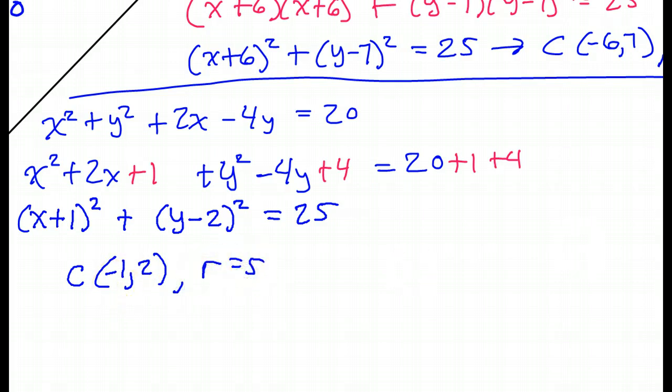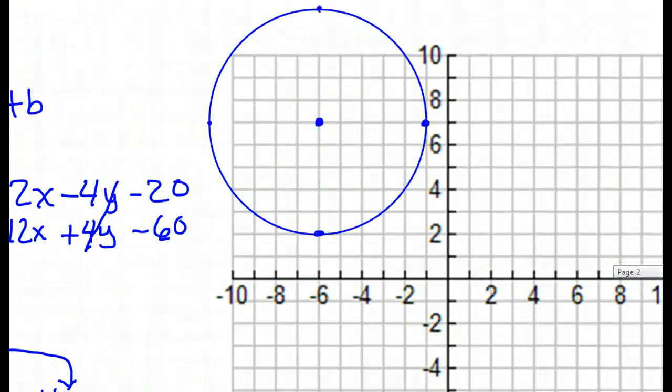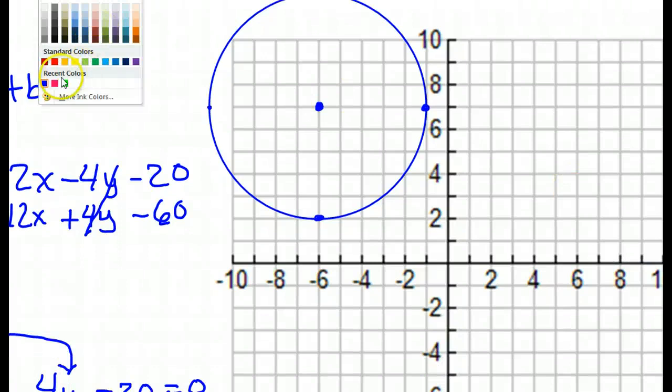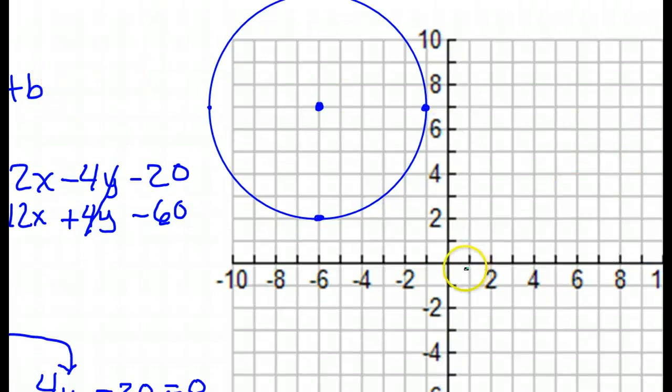So negative 1 comma 2. Alright, negative 1 comma 2 is right here. A radius of 5. So that'll be here, here, here, and here.